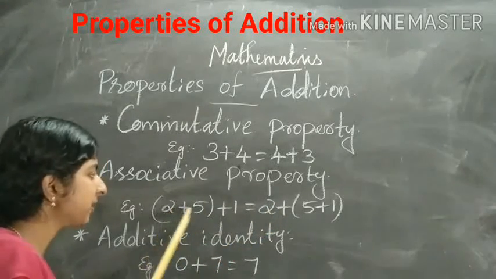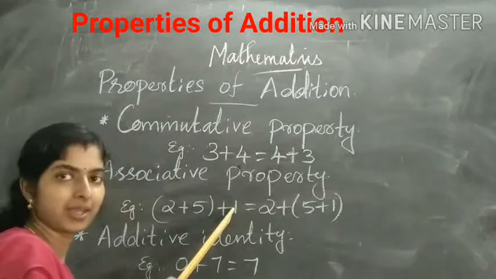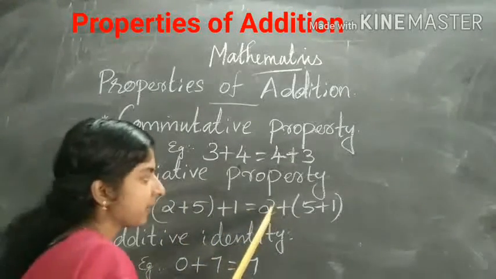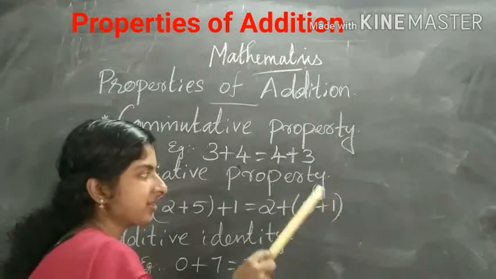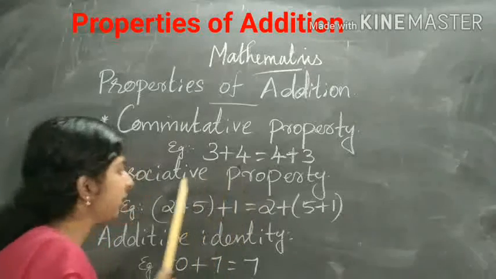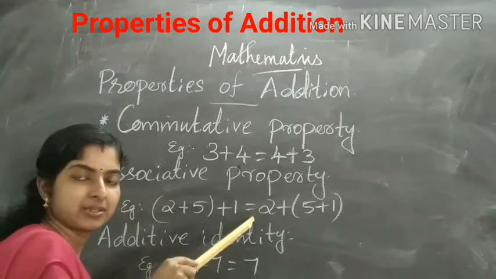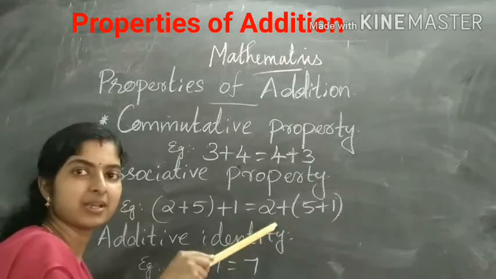Here 2 plus 5, 7. 7 plus 1, 8. Here 2 plus 5 plus 1, 6. 6 plus 2, 8. Regrouping of numbers does not change the sum.